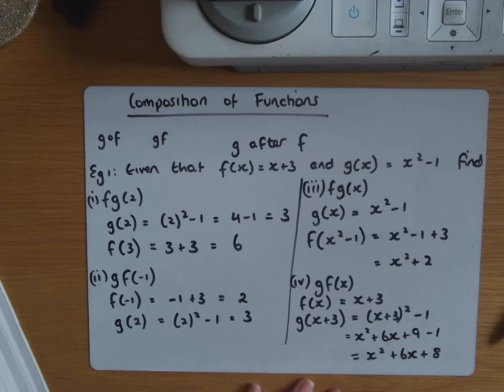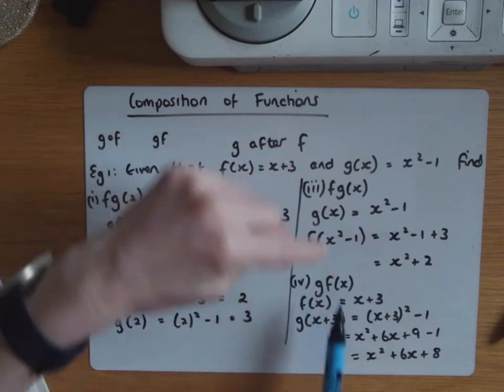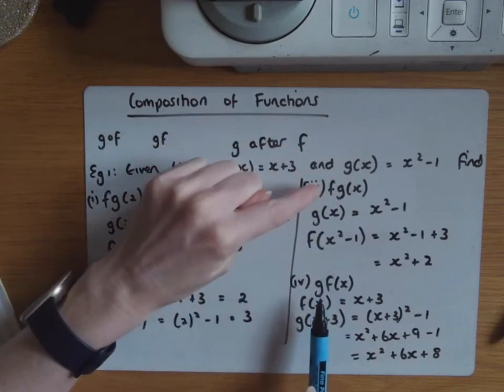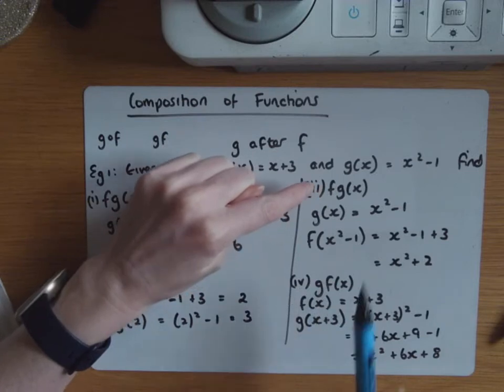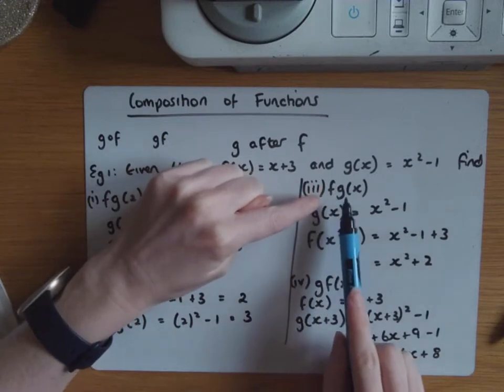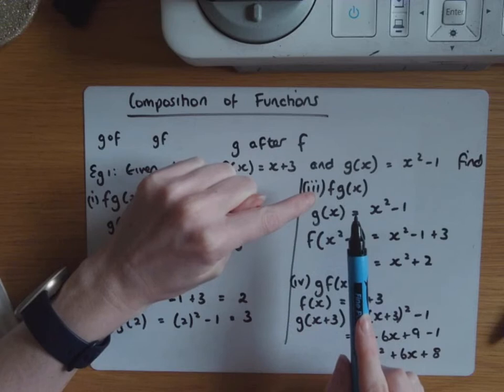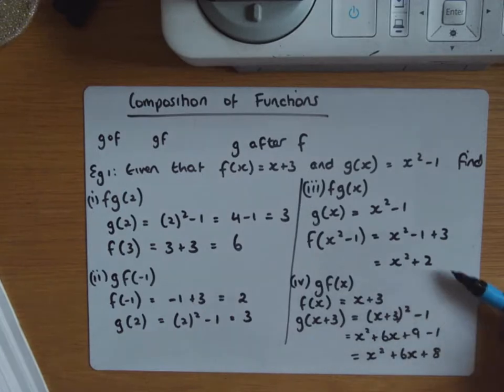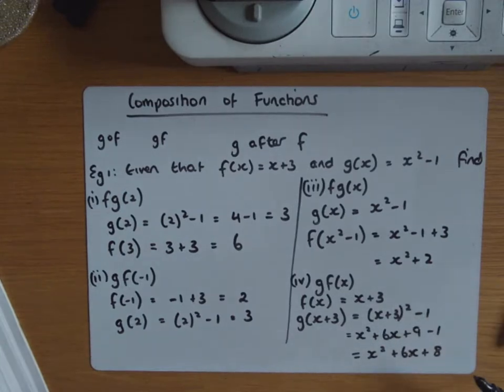Now something to note, f after g of x and g after f of x, they're not commutative. What that means is, just because I've changed the position of the f and the g, it doesn't give me the same answer. Now, it might sometimes, but in general, it doesn't. You can see this is a completely different answer. I don't know if you remember from Junior Cert, that's commutative.